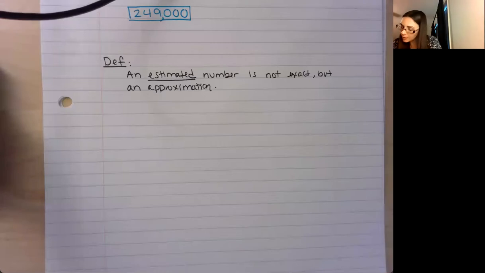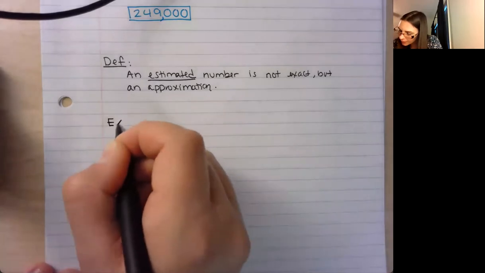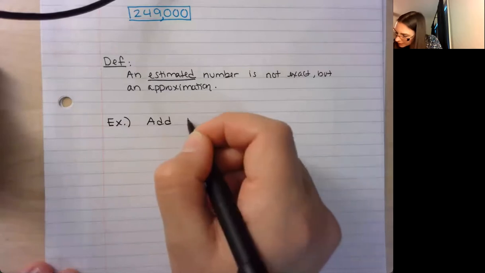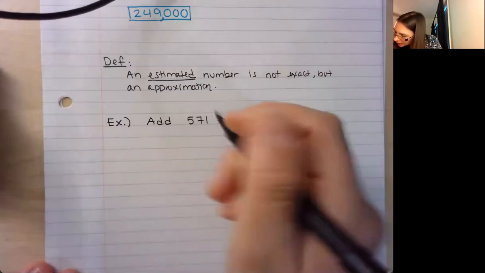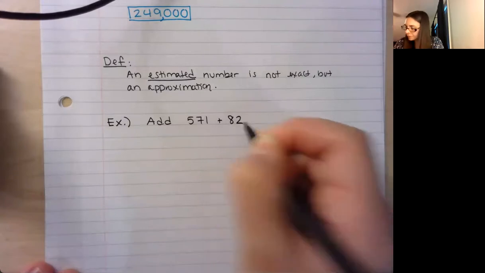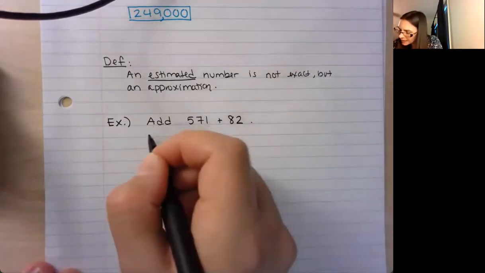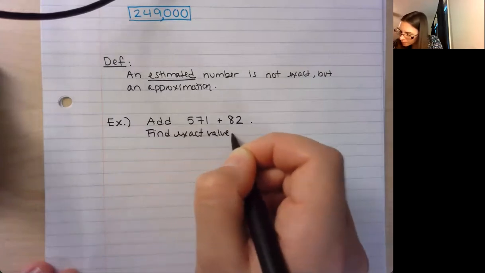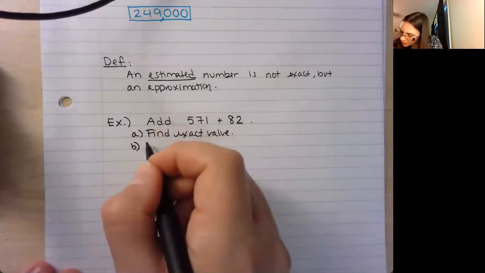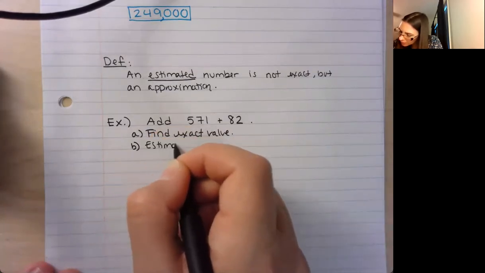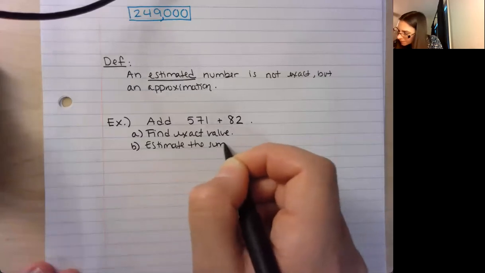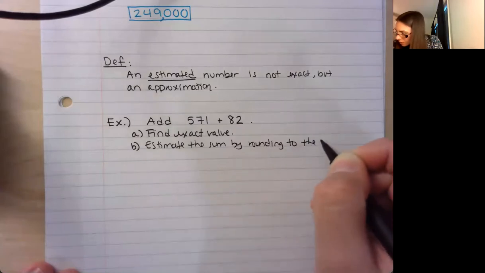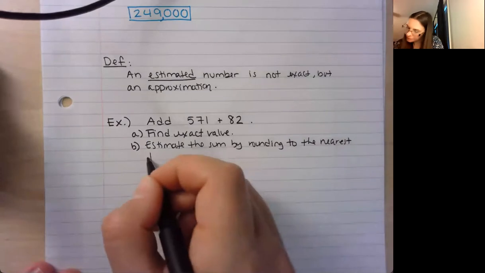All right, so let's do an example here. So maybe we're going to go ahead and add 571 plus 82. And what we could do is find the exact value, and then also maybe estimate the sum by rounding to the nearest 10.